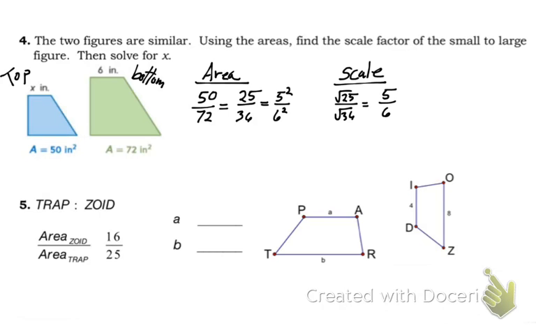Let's go ahead and solve for x. So that's going to be x over 6 has to equal 5 over 6. Do I have to use cross multiplication here? Sam, what does x have to be without doing cross multiplication?